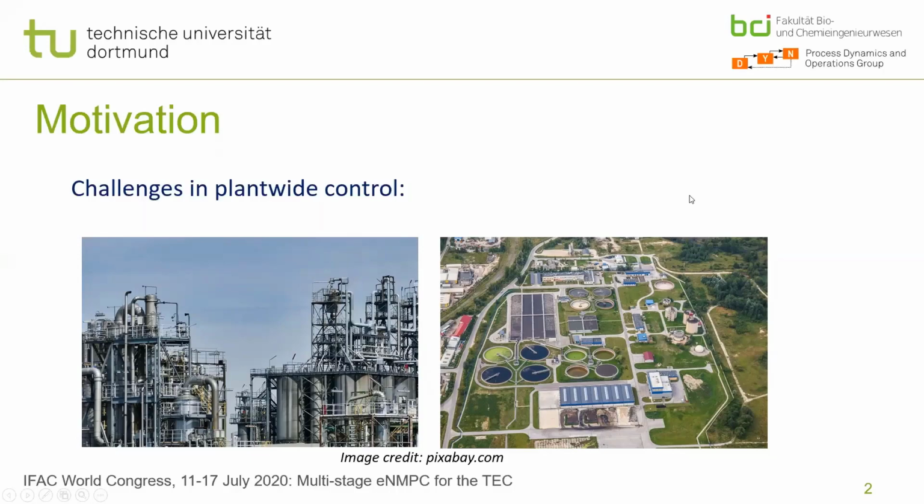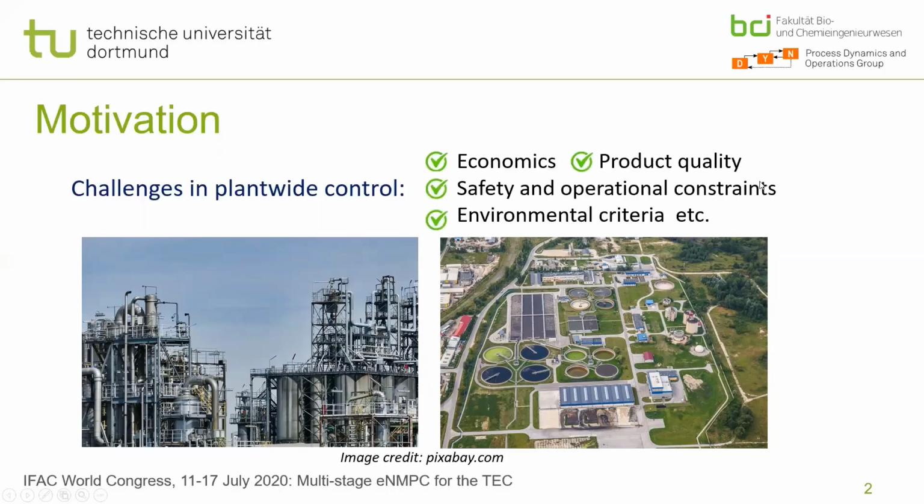Nonetheless, when we talk about challenges in plant-wide control, we typically have to face things such as the economics of the plant, the product quality, safety and operational constraints, as well as environmental criteria, amongst others.